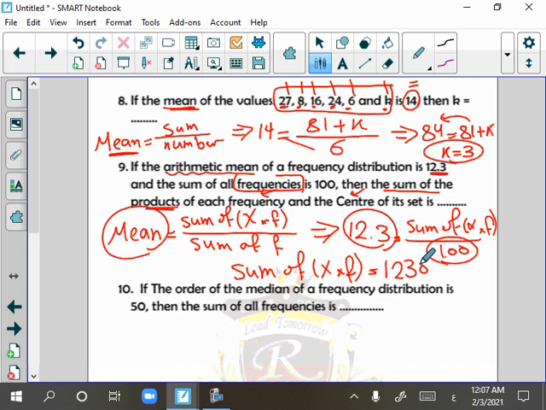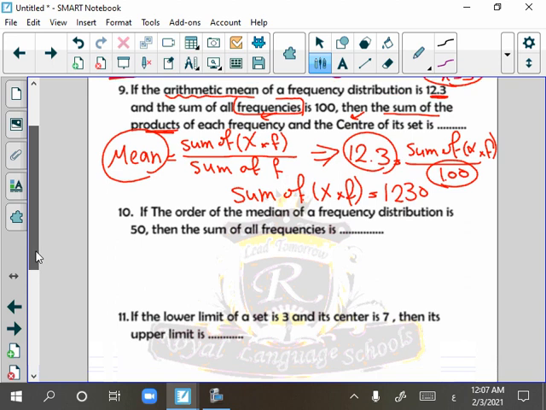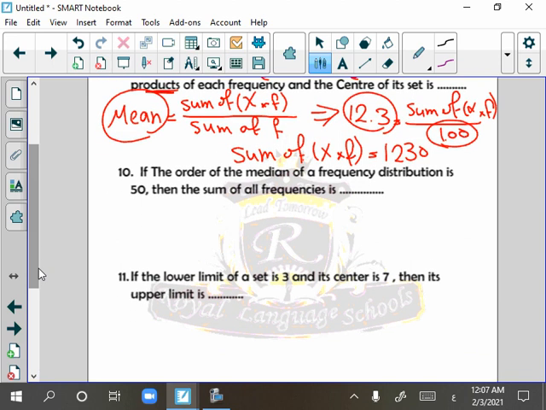Number 10, if the order of the median of a frequency distribution is 50, then find the sum of all frequencies.